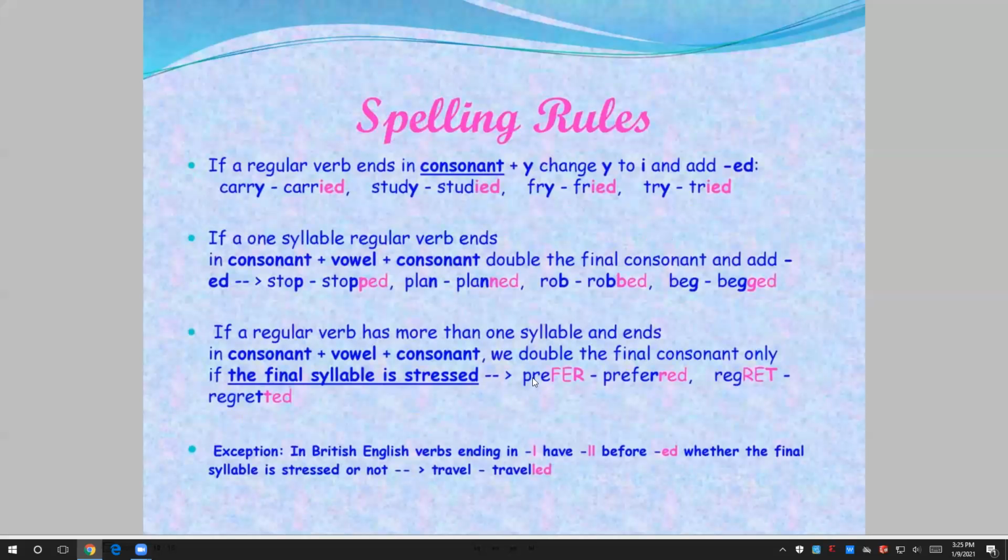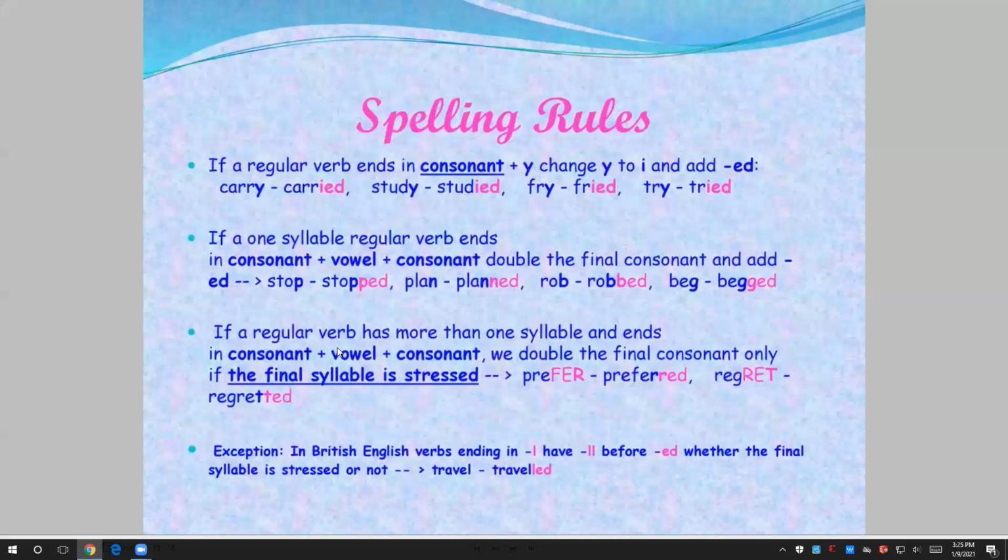The correct pronunciation is preFER, which means the stress is on the second syllable. So with the same combination of consonant plus vowel plus consonant and more than one syllable, you double the last consonant, like in the previous example. So prefer, preferred, regret, regretted.